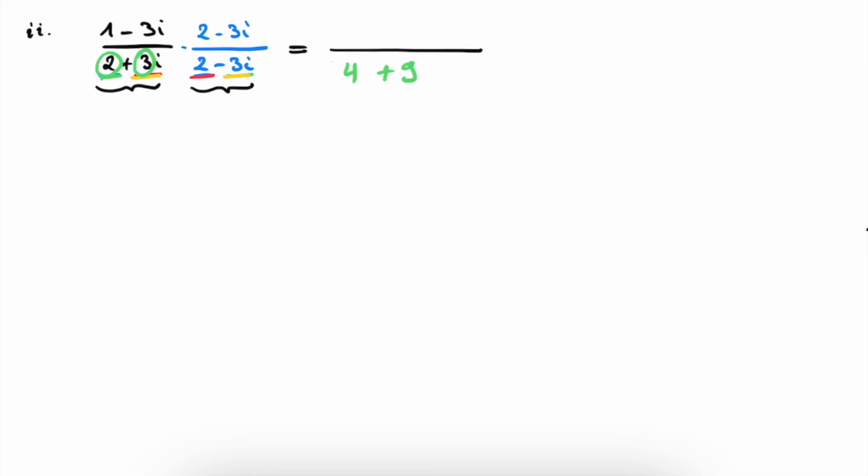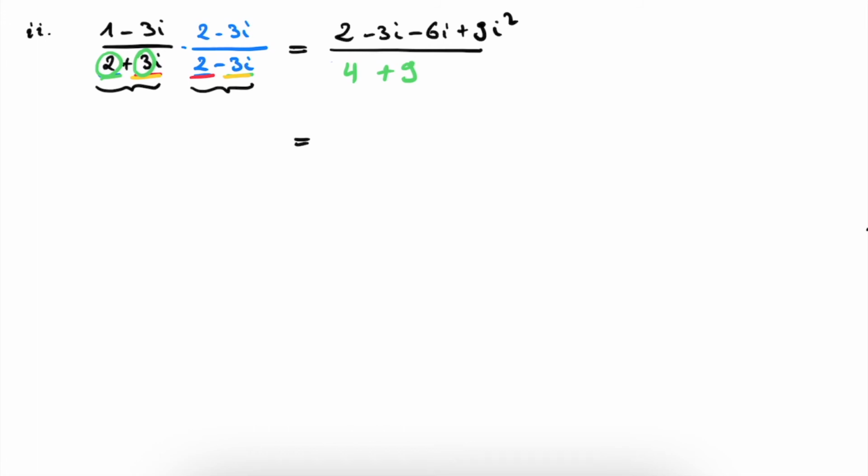In the enumerator, we have of course 1 multiplied with 2, which is simply 2. 1 multiplied with minus 3i, which is of course minus 3i. Minus 3i multiplied with 2 is minus 6i. And minus 3i multiplied with minus 3i is of course plus 9i squared.